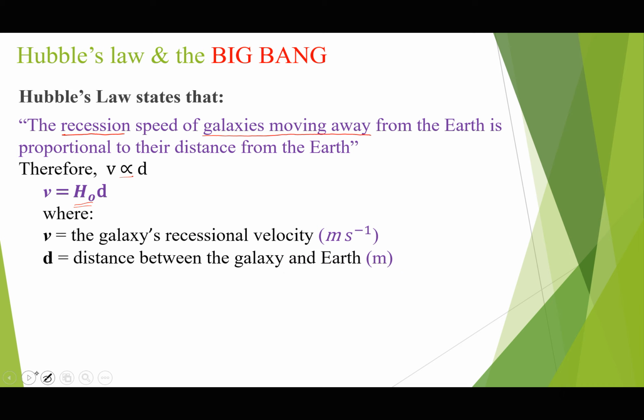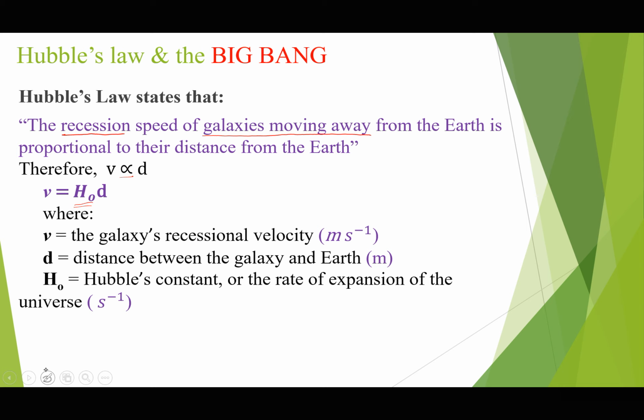d is the distance between the galaxy and the Earth, and H naught is called Hubble's constant, which is often called the rate of expansion of the universe. That is the rate at which the universe is expanding.